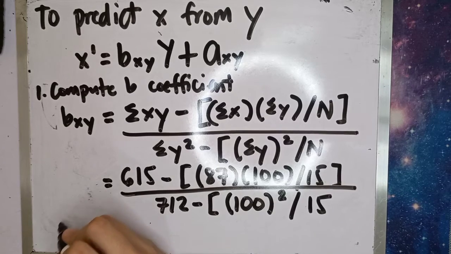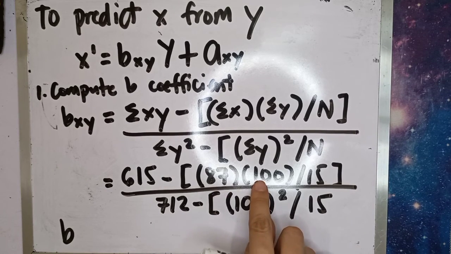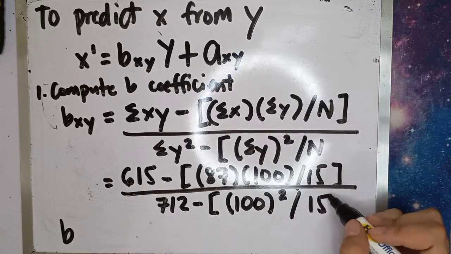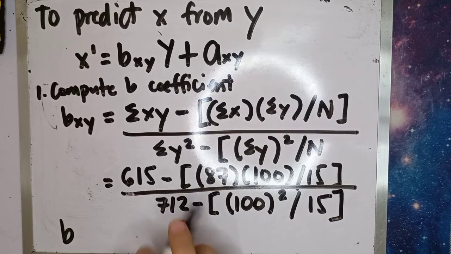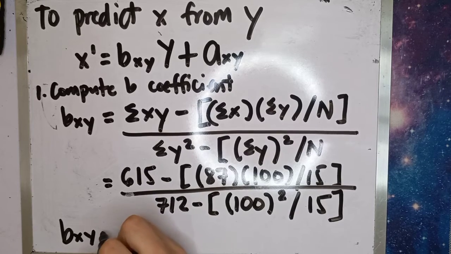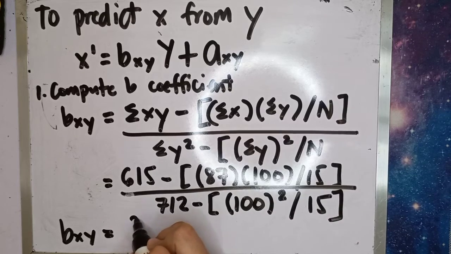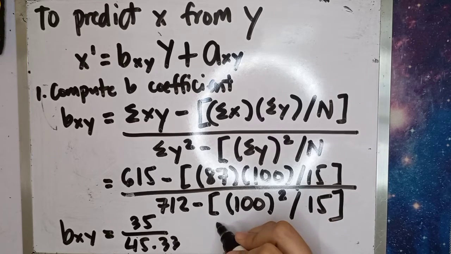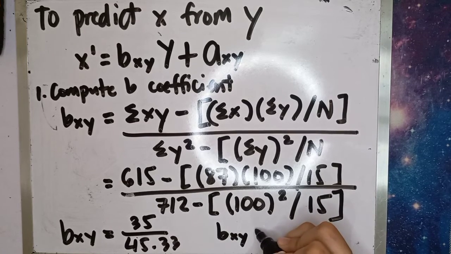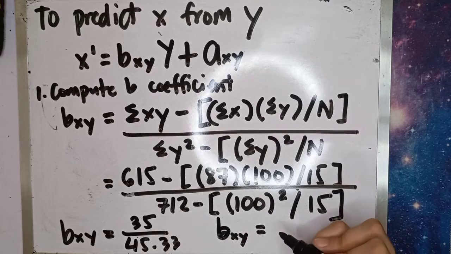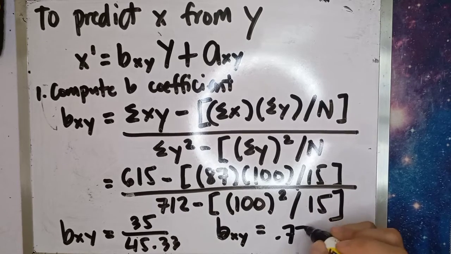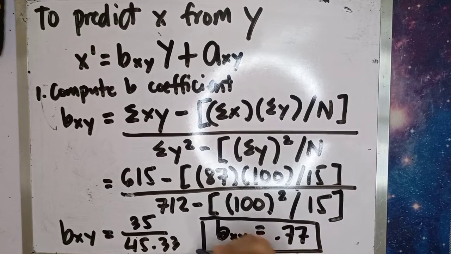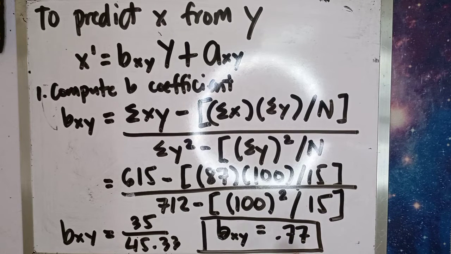Pag-compute natin, unahin nyo muna yung mga bracket, then get the difference. Ang lalabas dito ay 35, dito ay 45.33, and the final b coefficient, the result is 0.77. Nakuha na natin yung b coefficient.